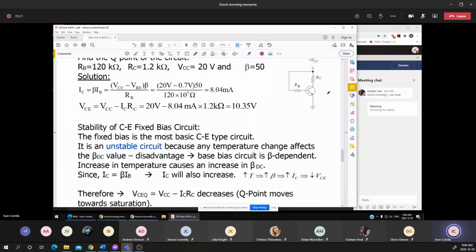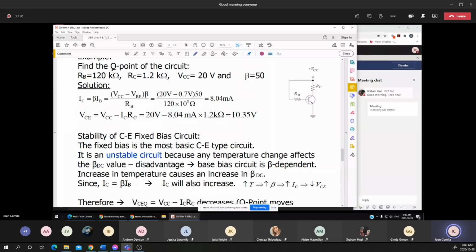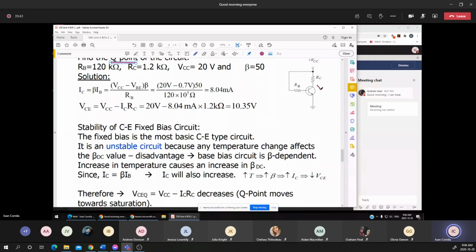To determine the other component of the Q point, you notice that it's very convenient to find the Q point of the circuit, that is, the IC and the VCE. The VCE, or the voltage between the collector and the emitter, is the VCC minus the voltage drop across RC.